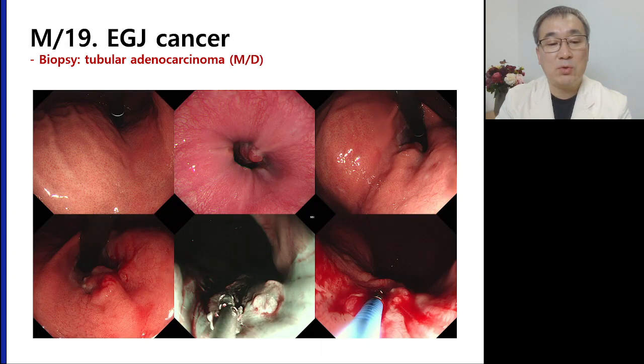After referral to Samsung Medical Center, we repeated endoscopy again, and the biopsy result was moderately differentiated adenocarcinoma. What would you recommend as a treatment?